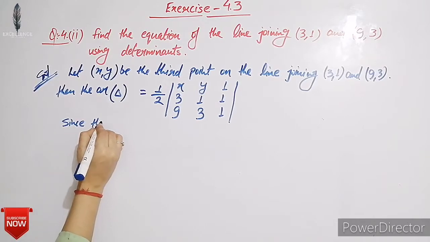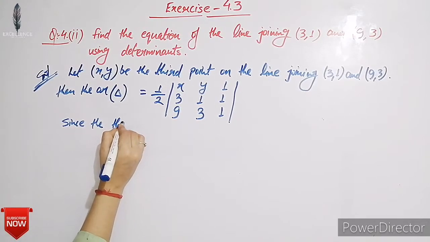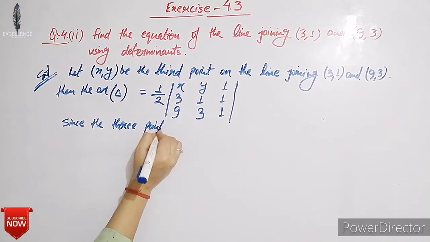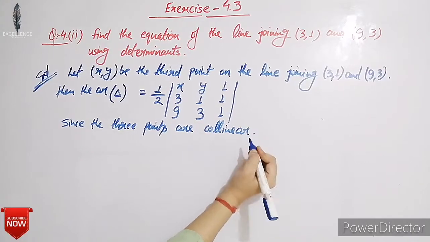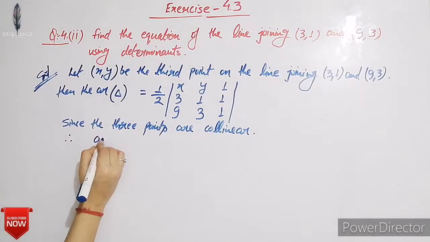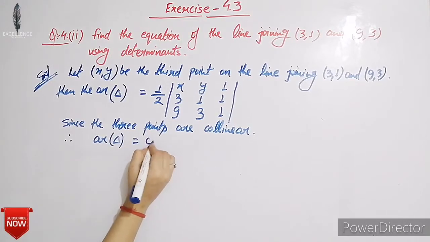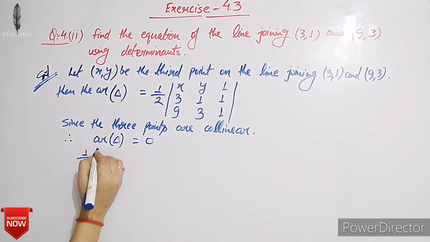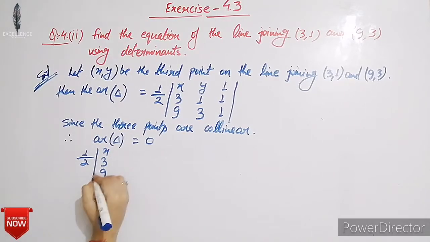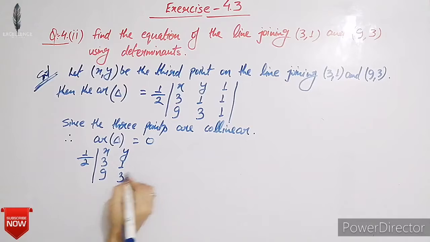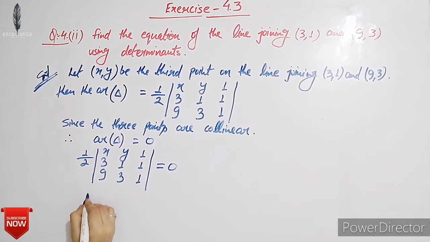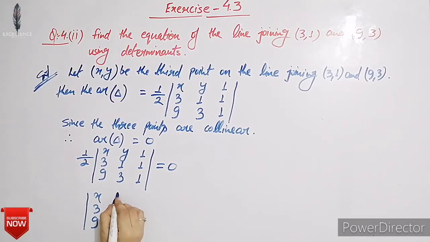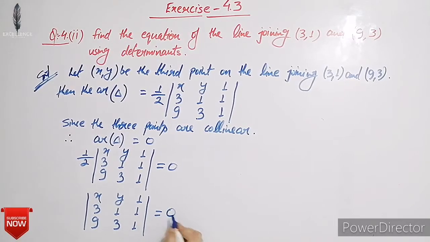Since these 3 points are collinear, the area of the triangle is equal to 0. So 1 by 2 times the determinant x, 3, 9; y, 1, 3; 1, 1, 1 equals 0.